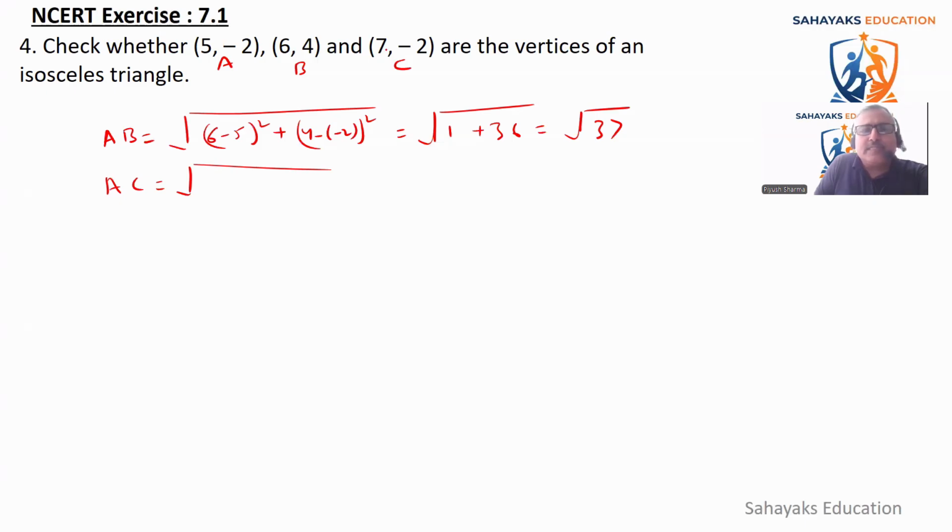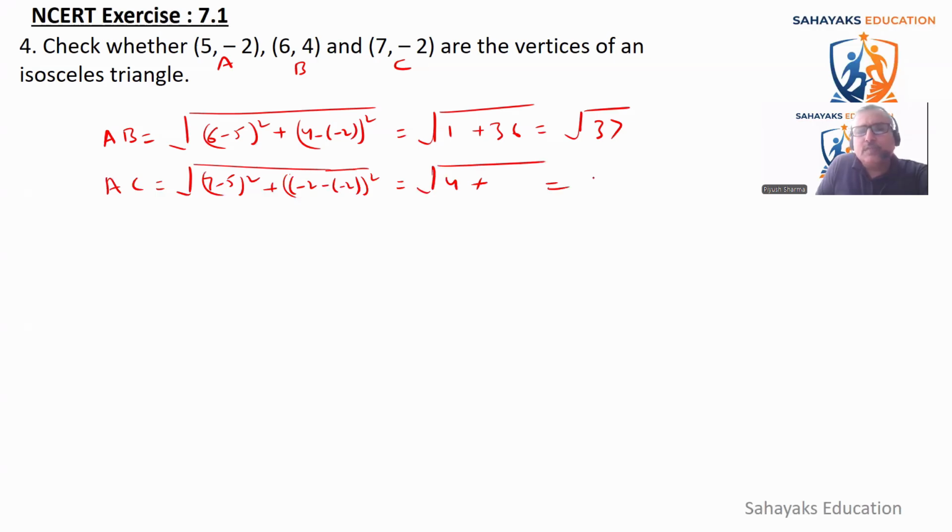AC is equal to the square root of (7 minus 5) whole square plus (-2 minus -2) whole square. So that comes out to be 7 minus 5 is 2, square is 4, plus -2 plus 2 is 0.